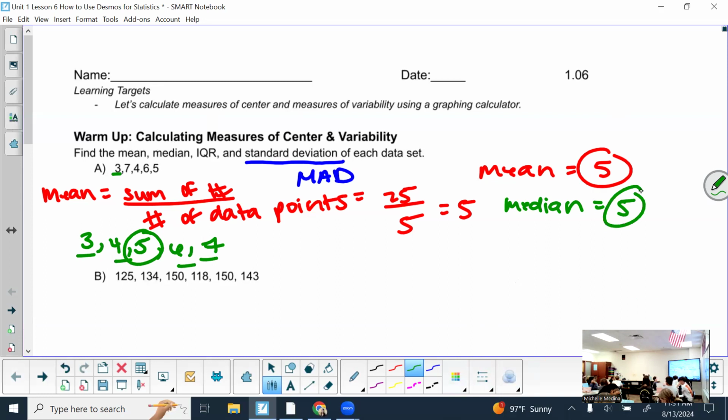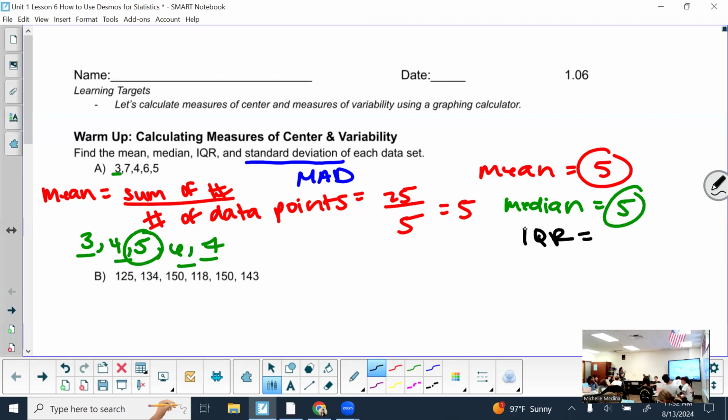IQR, table 5. What is the IQR? Can you tell me what IQR stands for? Interquartile range.